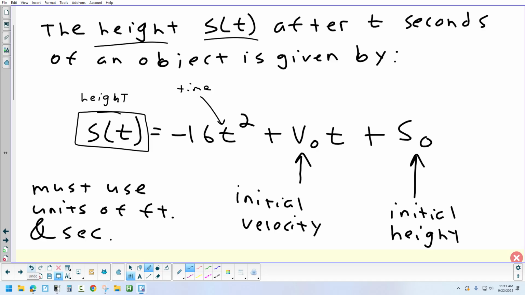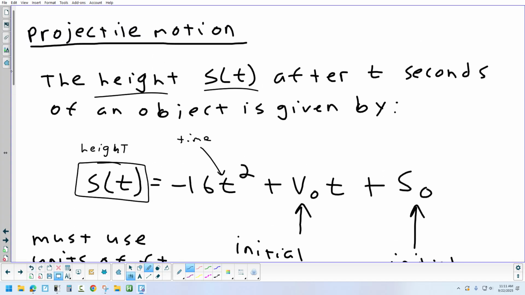Was it thrown gentle, or was it thrown a little bit harder where it goes higher? And then was it off the ground when I threw it? Did I put my hand on the ground when I released it, or was the pen already up in the air 4 or 5 feet when it left my hand? So the initial height of the object also makes a difference. That could be if you were standing on a building and you threw an object. Things like that. So that's our formula for projectile motion.